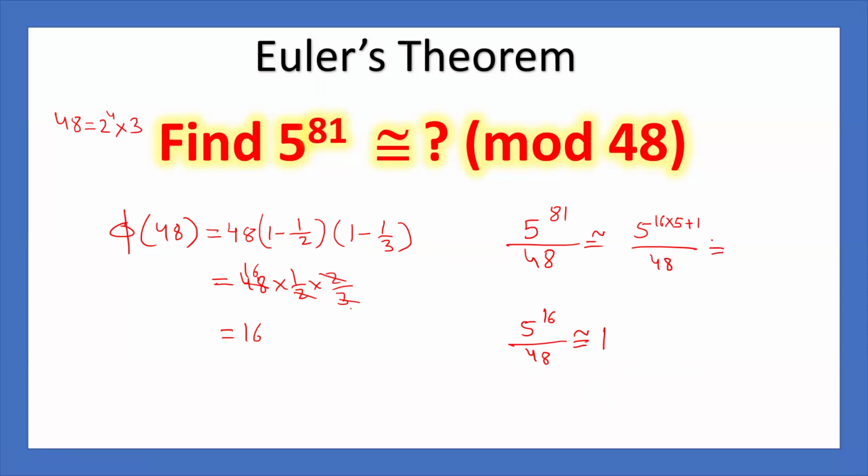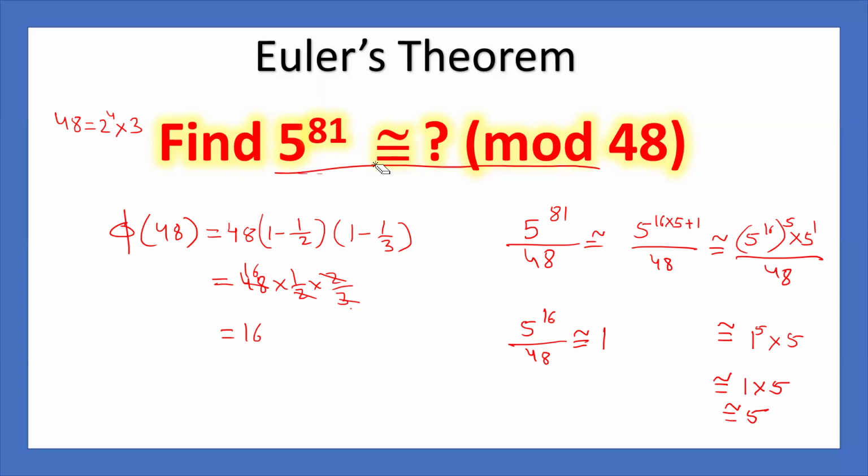So this can be written as (5 to the power 16) to the power 5 times 5 to the power 1. 5 to the power 16 divided by 48 gives 1 as the remainder, and 5 to the power 1 divided by 48 gives 5 as the remainder. 1 to the power 5 is 1, into 5. So the final answer is 5. The answer to this question is 5. We have done this question using Euler's theorem.